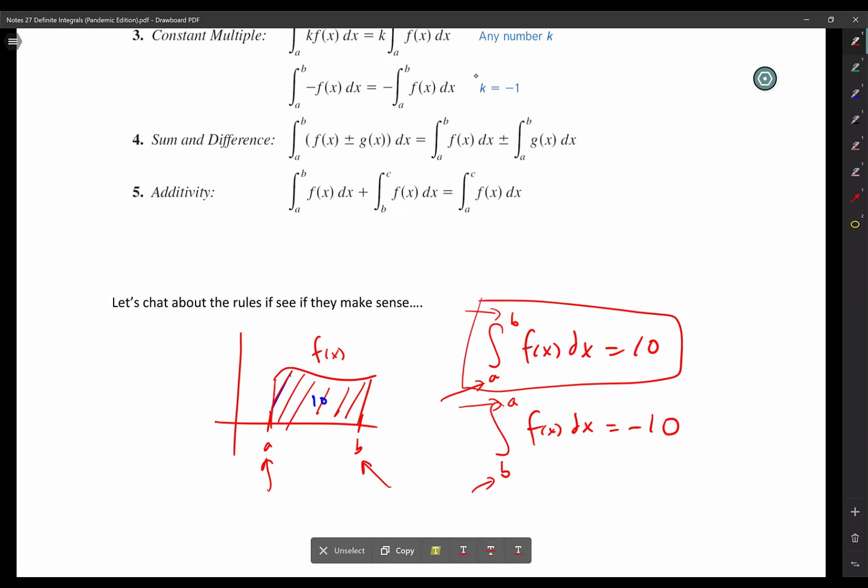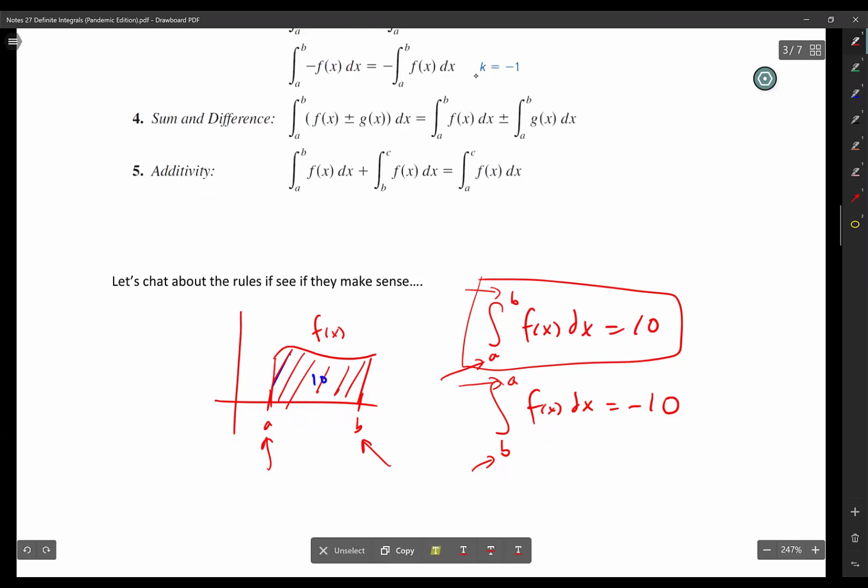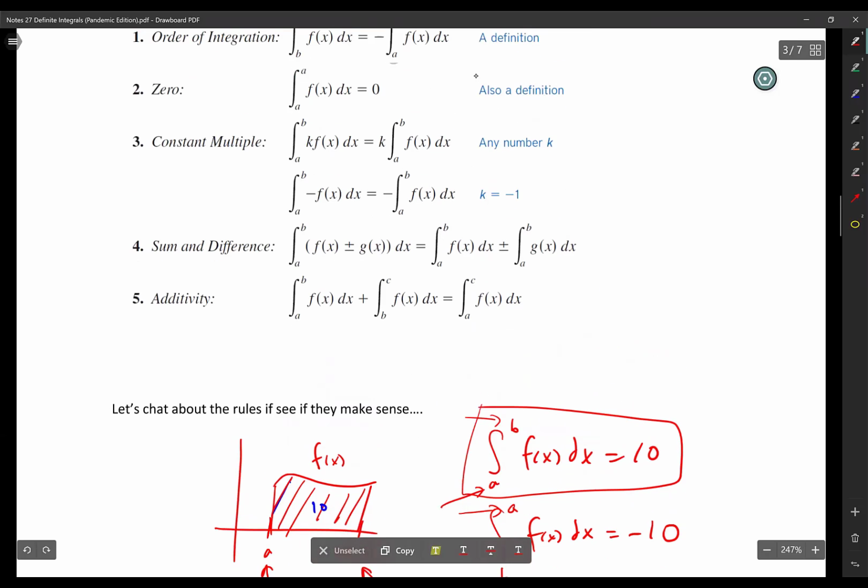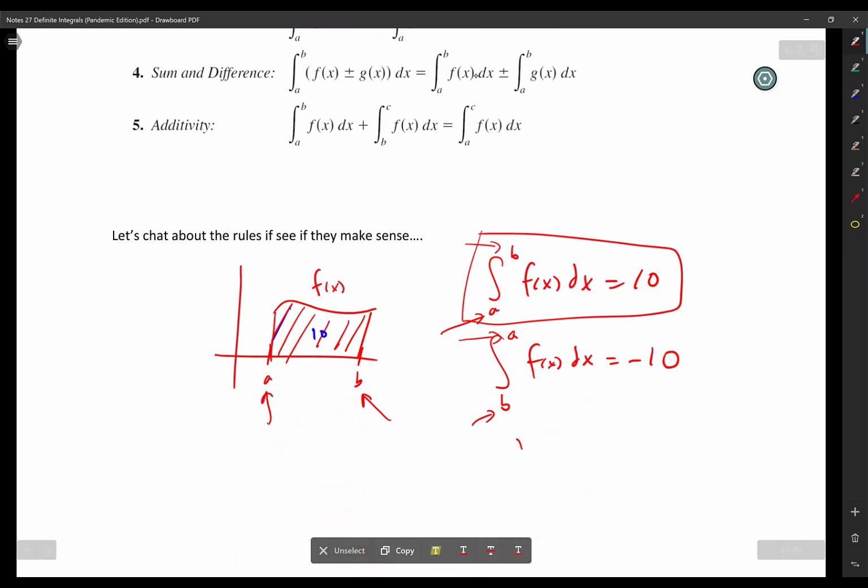Okay. And then rule number two, man, this is a beautiful one. The integral from A to A of f of x dx equals 0. Why does that equal 0? Because you started and ended at the same spot.